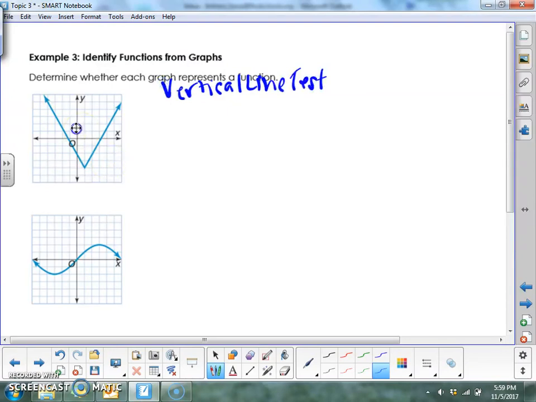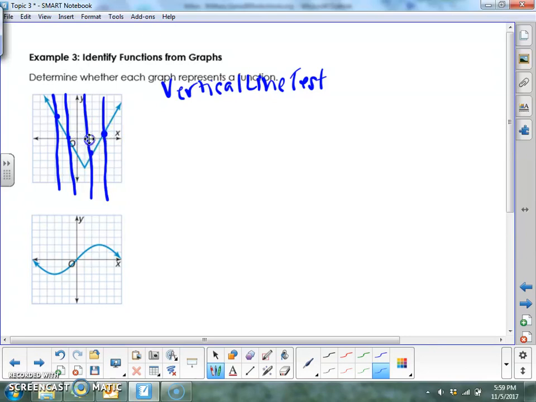What that means is if I were to take a ruler and draw vertical lines, so up and down lines, on my graph at every point along this graph, it would only have one point at each of those lines, because each x value could only have one y value.